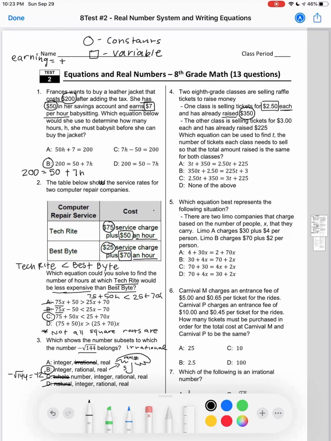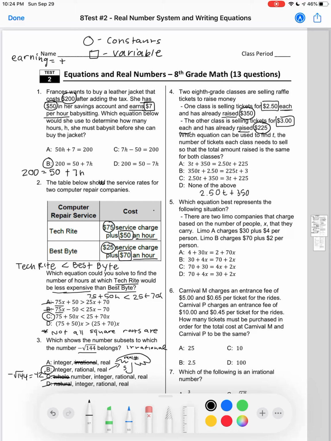The other class is selling tickets for $3 each, and has already raised $225. So I see all positive values. So I'm going to say 2.50, and there's my variable, plus 350. And then I need to read my question.